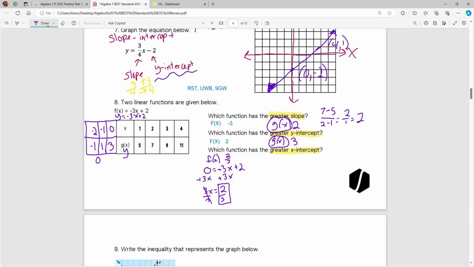So my x-intercept would be right in the middle of negative 1 and negative 2, at negative 1.5. So g of x has a negative x-intercept, negative 1.5, which means f of x has a greater x-intercept because even though it's a small number, it's a fraction, it's bigger than a negative number.